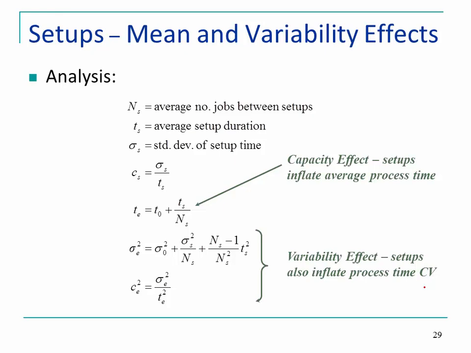Now we're going to take into account the average number of jobs processed between setups, the average setup duration, and also the standard deviation of the setup time. And again, we can compute the coefficient of variation for the setup, then the effective processing time for the parts, and the effective coefficient of variation when we take that into account. Okay?